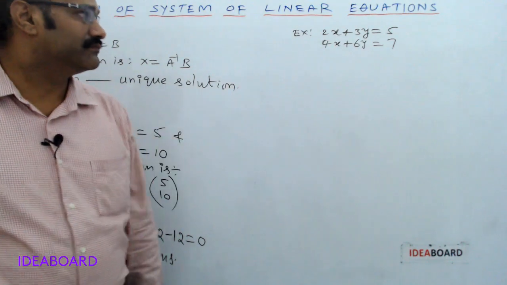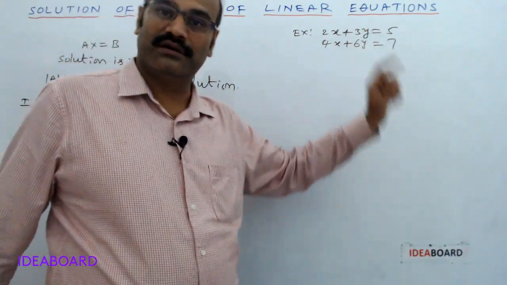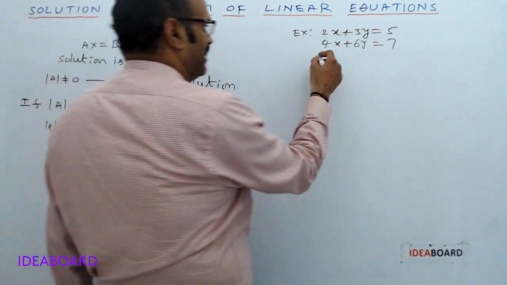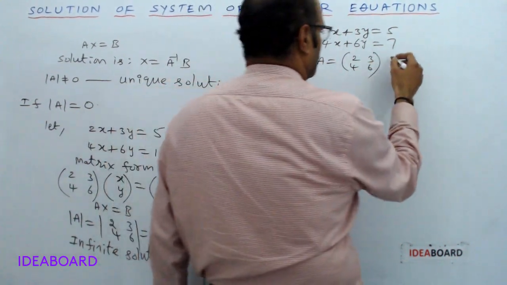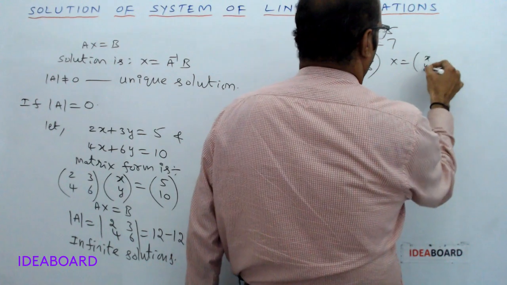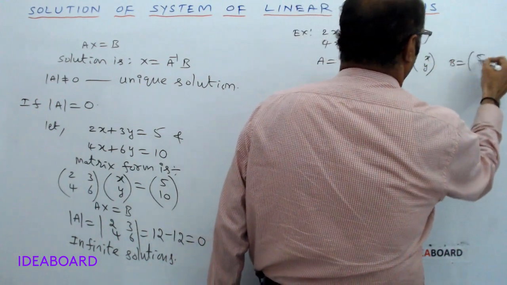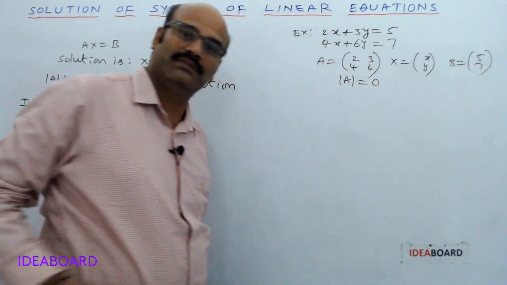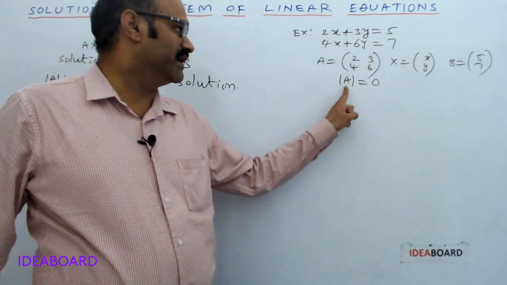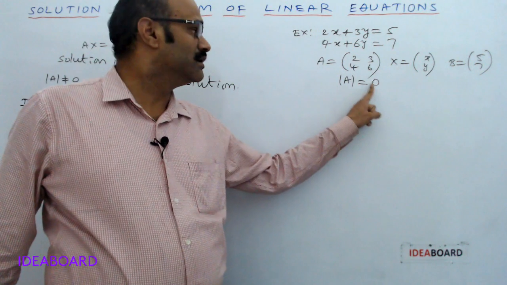Since these two are not coincident, if you write A here, A equal to 2, 3, 4, 6, x equal to xy, b equal to 5, 7, here det A equal to 0. In this case also we are getting det A equal to 0.